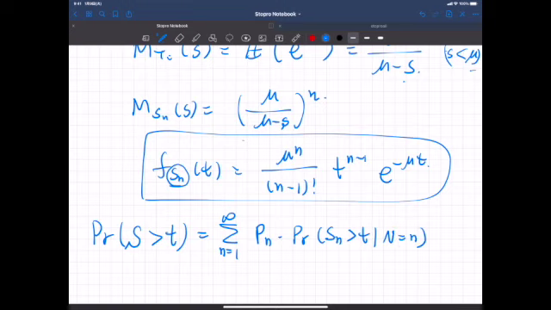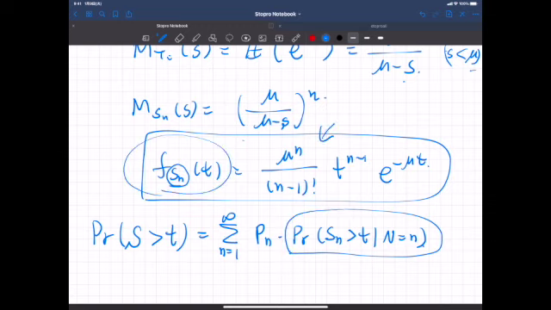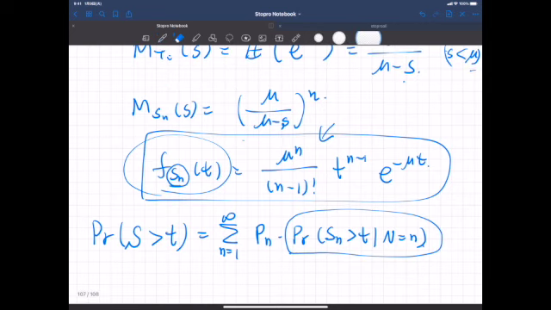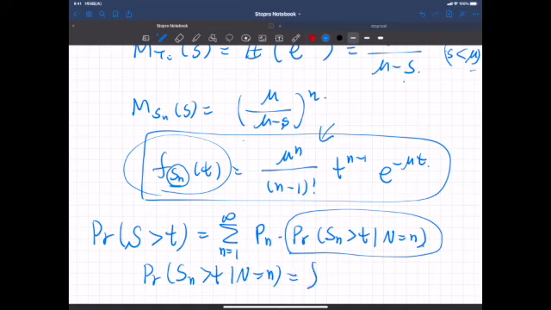This is the distribution function of this density function. The definition is the cumulative distribution function, if you like, given by the integral from t to infinity of this density function.